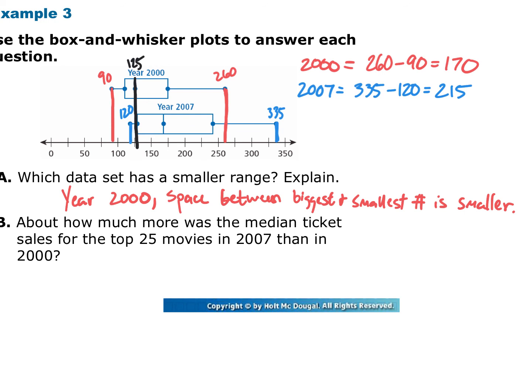And then if you look at the median for here, it's not quite 175, so I'd say it's probably 170. So you would just have to go 170 minus 125. And what would you get? 45.